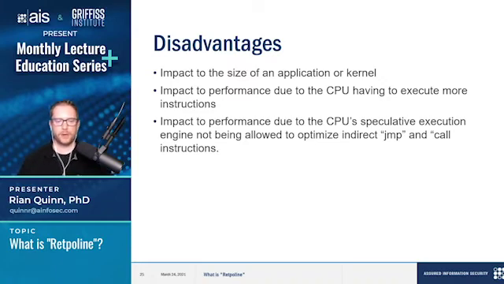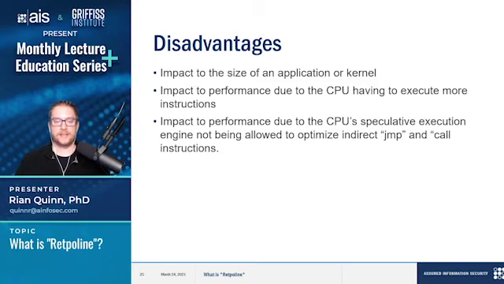Okay, so before we conclude, we should probably talk about what the disadvantages of this are. The obvious advantage is that this particular type of code sequence prevents speculative execution, which helps us deal with certain types of Spectre attacks.